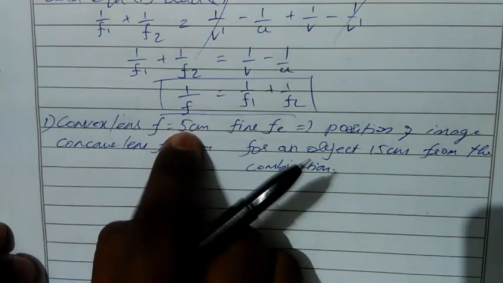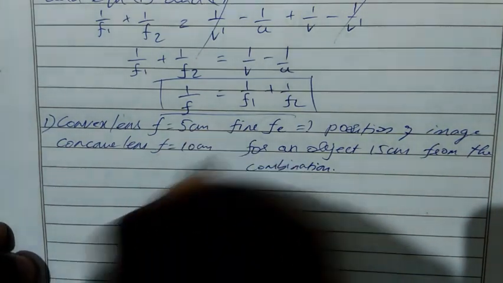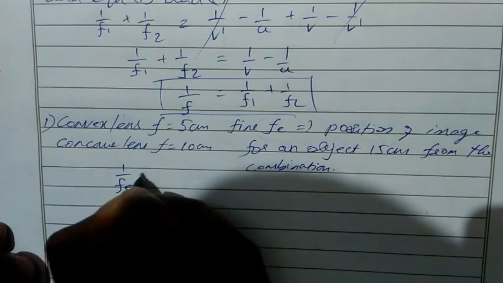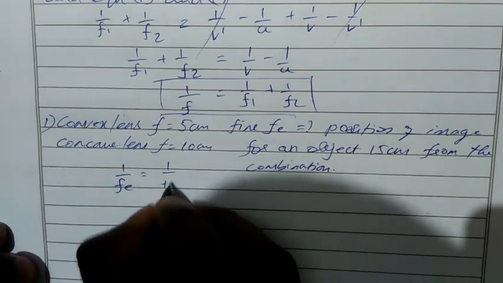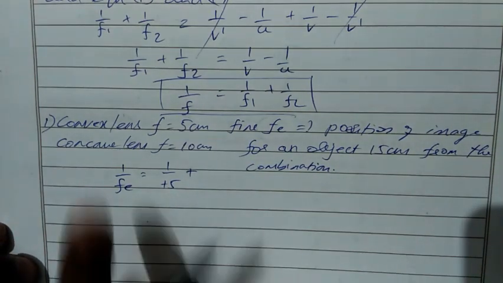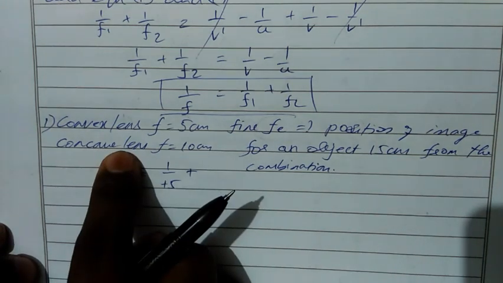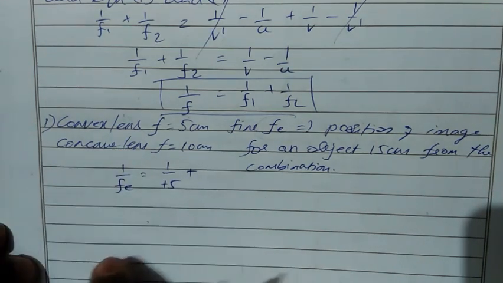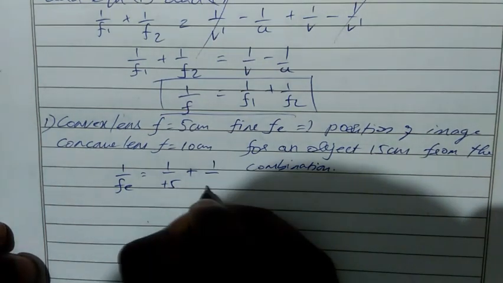For the convex lens, f is positive, so I take 1 by fe equal to 1 by plus 5, plus, for the concave lens, f is negative, so 1 by minus 10.